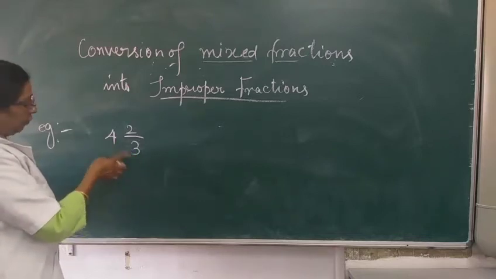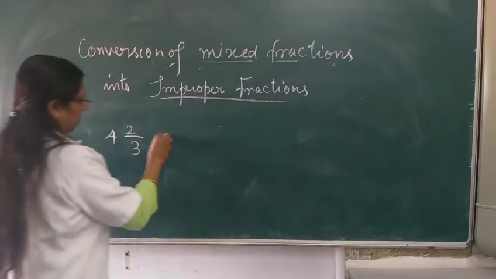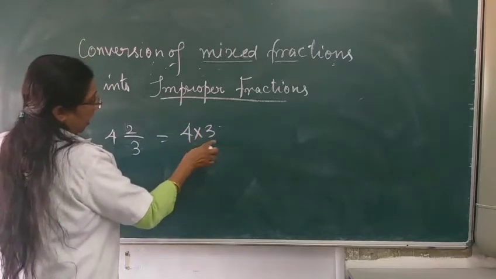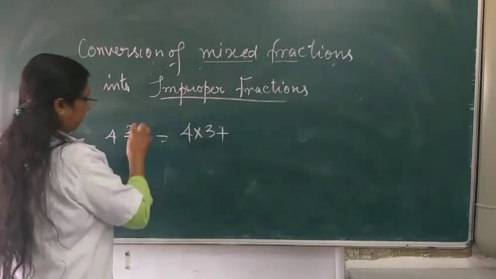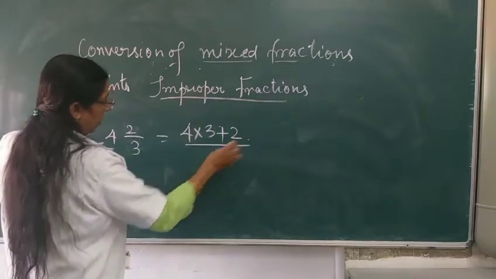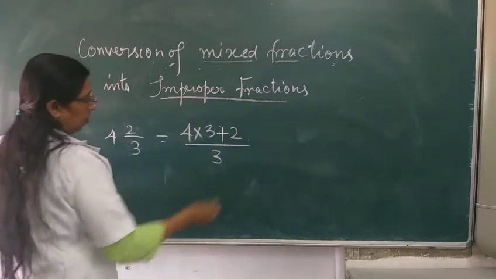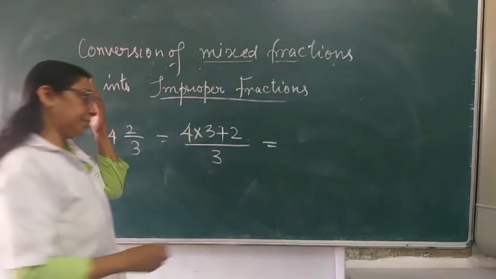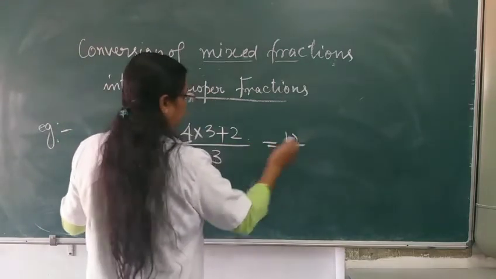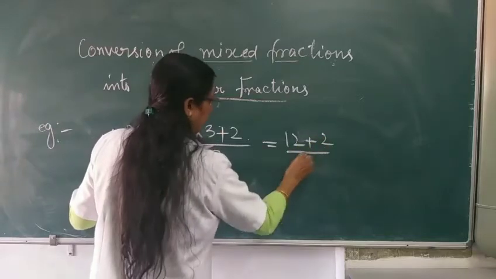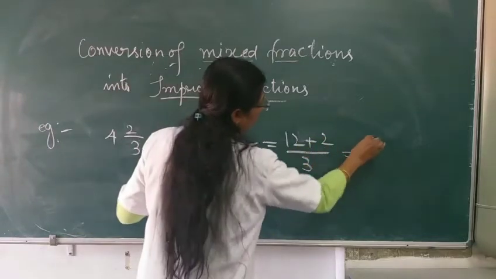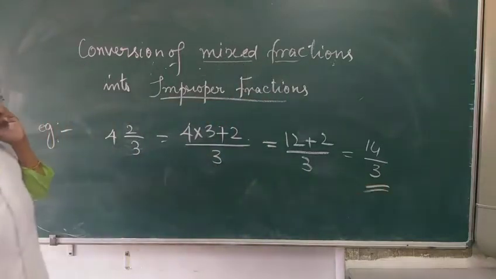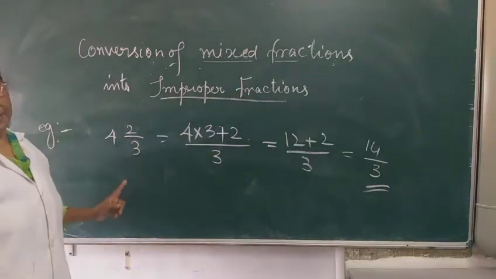Find out the product of the whole number and the denominator, and add this product to the numerator 2. And write the same denominator here. 4 into 3, 12 plus 2, that is 14 by 3, the improper form of 4 2 by 3.